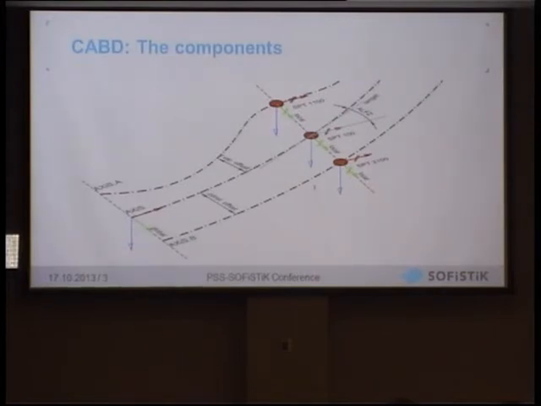Then you might have what we call secondary axis. You see this denoted by axis A and axis B, and they can have a constant offset, a variable offset towards this bridge axis.